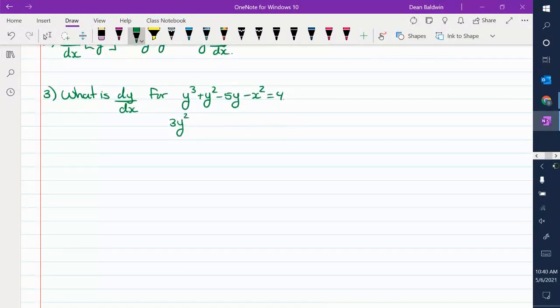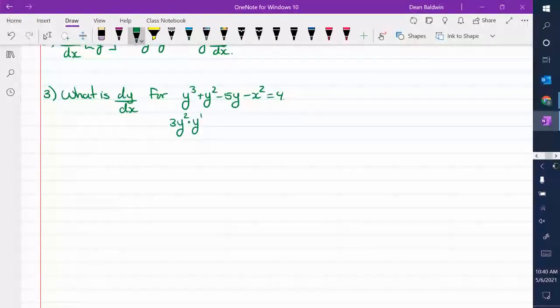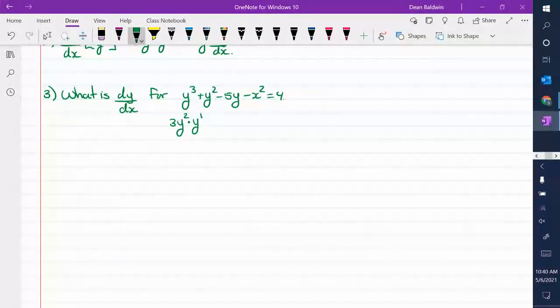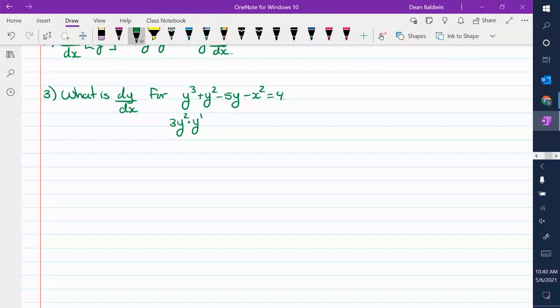So it's 3y squared times the derivative of y, the inside derivative, which is y prime. This is why you don't write ones, because that's not a 1, that's a y prime. So just be careful of that, unless you're writing your ones with the little hat and bottom.